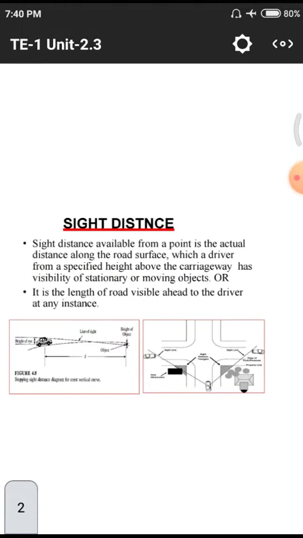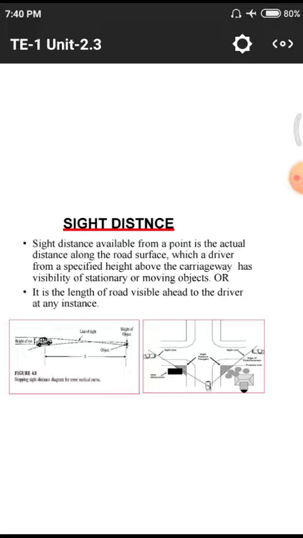Sight distance normally concerns the vehicles traveling in front of us on the road. While we are traveling at a particular point on a span of road, we need to observe the different sorts of vehicles moving in front of us and behind our vehicle, so that we maintain a proper distance from those vehicles.